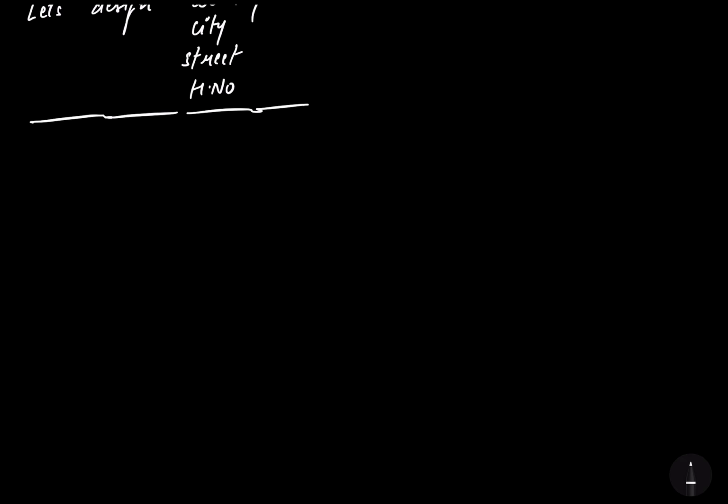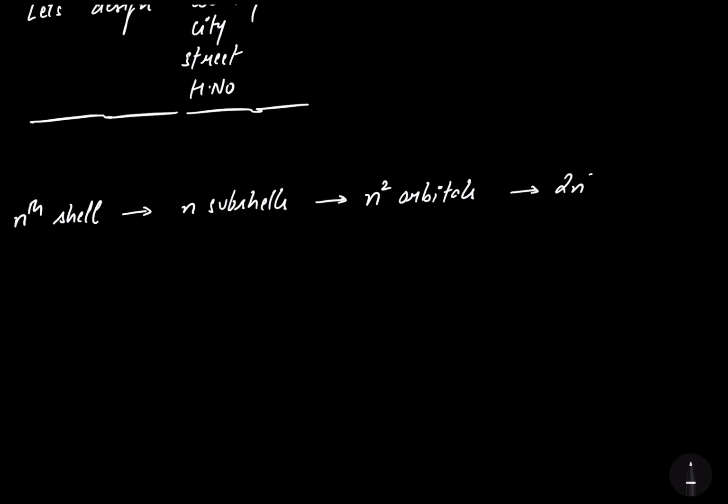One shortcut I'm writing over here: the nth shell will have n number of subshells, n square number of orbitals and 2n square number of electrons.